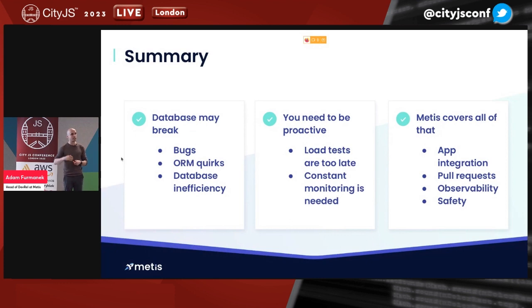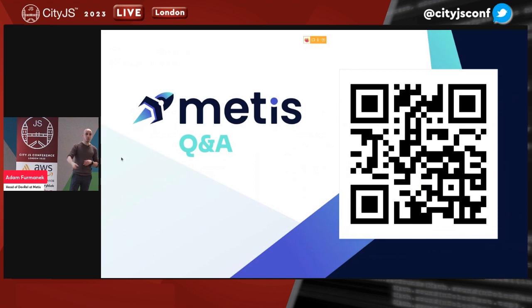Not only does it show you the problems, but it also gives you the root-causing mechanism, showing you that this is the query that was executed, this is the REST API code that caused the issues, and this is the full trace of what is going wrong and how you can troubleshoot and root cause it so you can figure out what the problem is. So, to summarize, we want to have database guardrails. We want to have them now, as early as possible, pushing all the checks to the left, and Metis gives us that. Any questions?